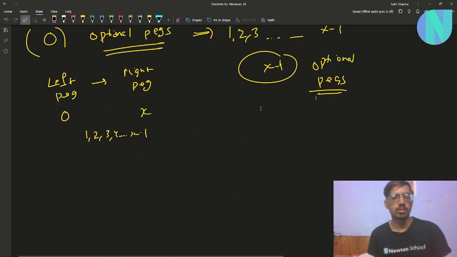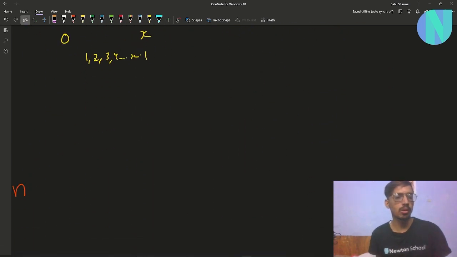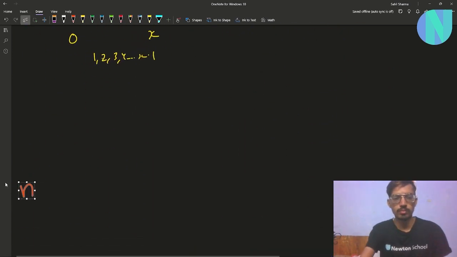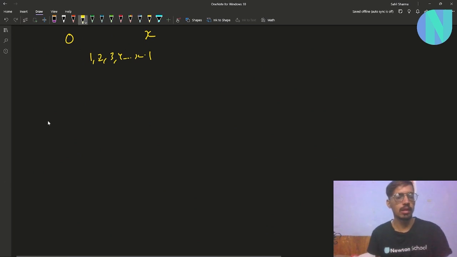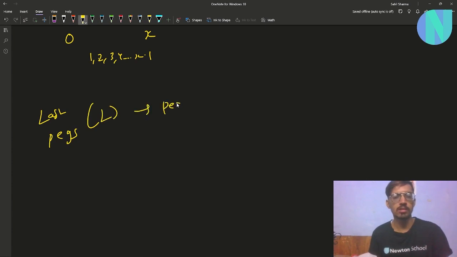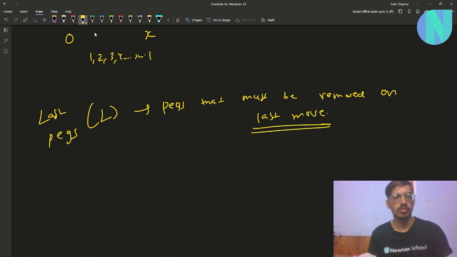And the last group of pegs that we talked about, they were last pegs, right? Let's call them using L. These are the pegs that must be removed on last move, right?